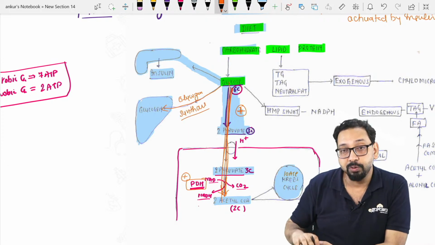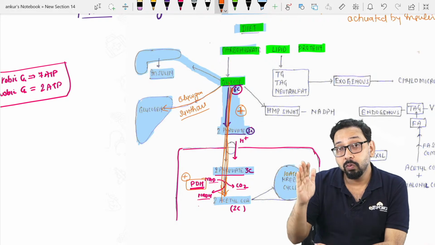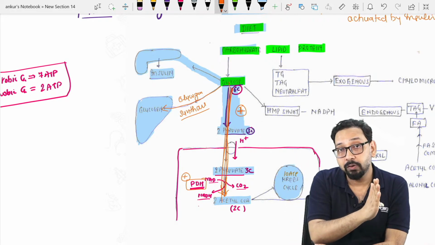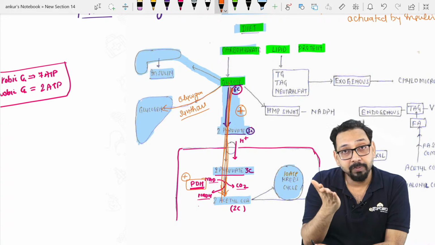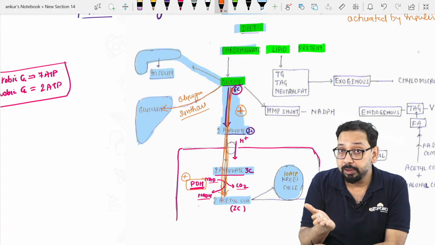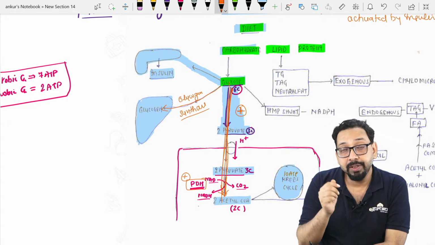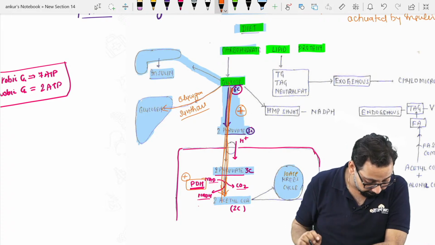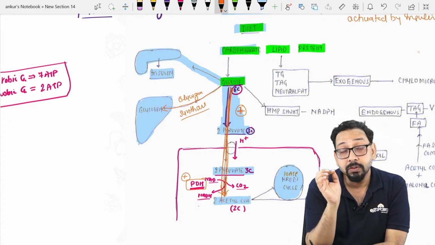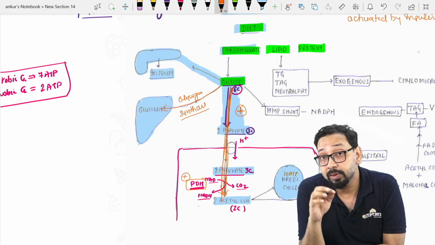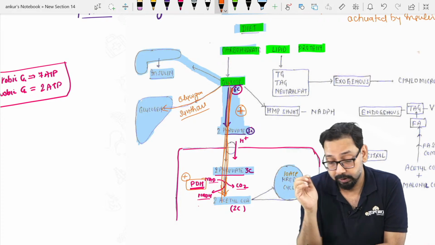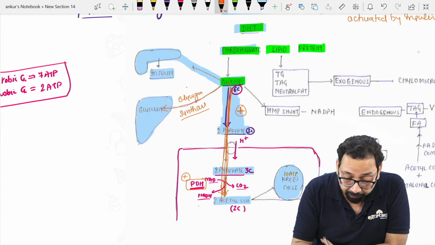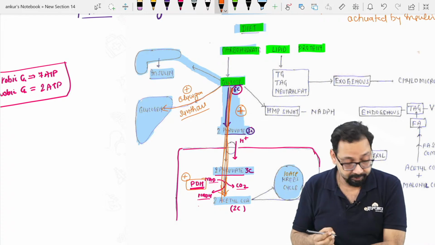If more and more blood glucose is being converted to glycogen, blood glucose will decrease. So insulin will activate glycogen synthase or inhibit glycogen synthase? Insulin activates glycogen synthase.